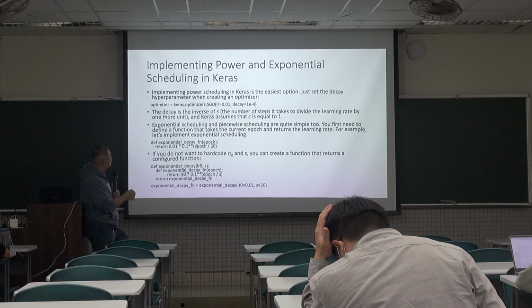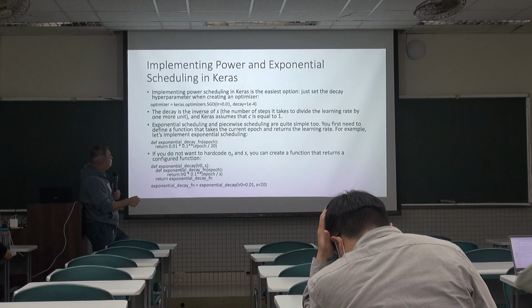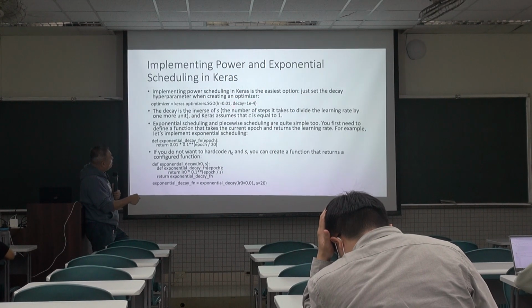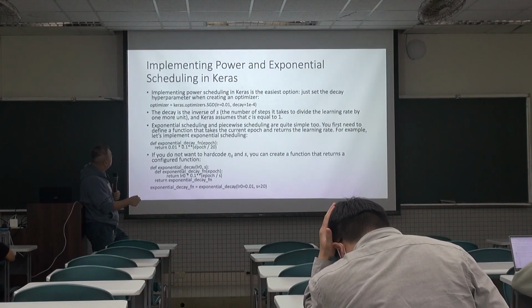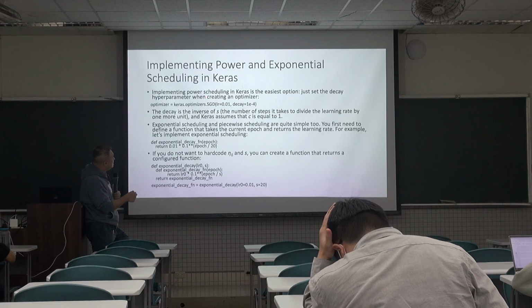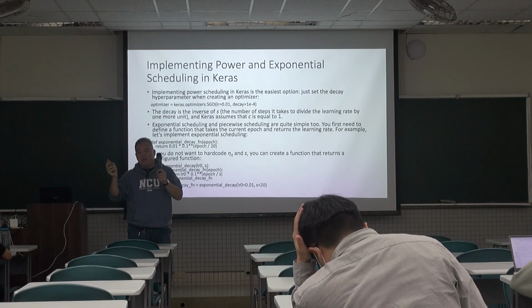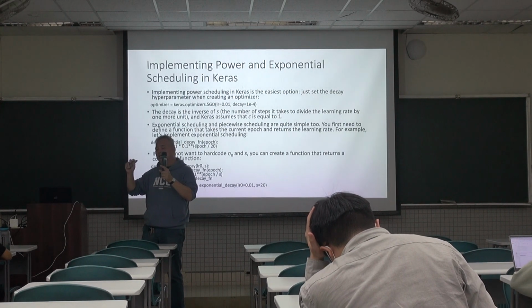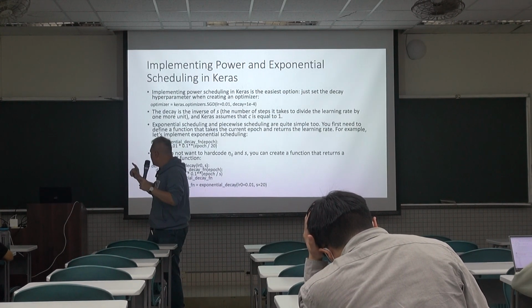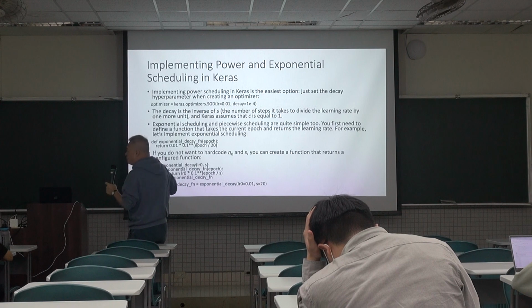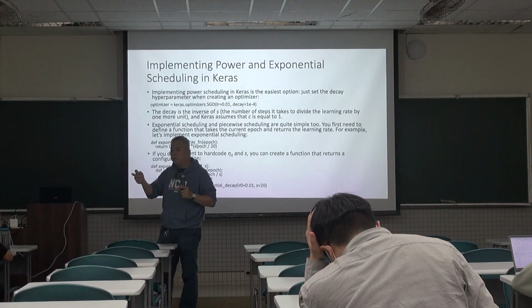Okay, for example, here, SGD, and we set dk to be 10 to the power of -4. The dk basically is the inverse of s. Remember, s represents how many steps are required to increase the denominator by 1 in the power scheduling.